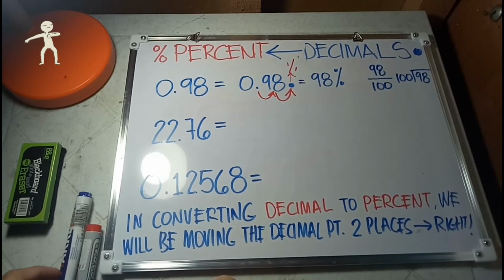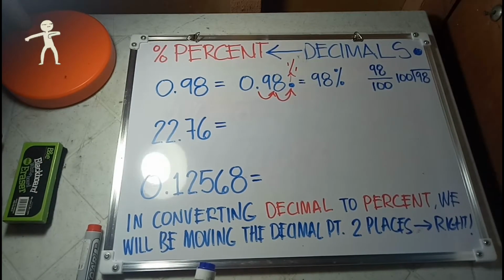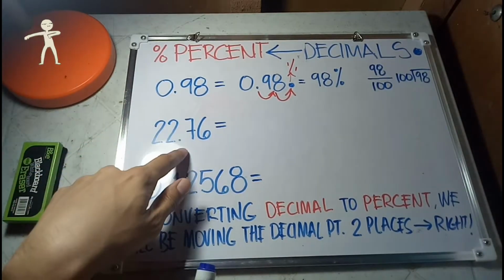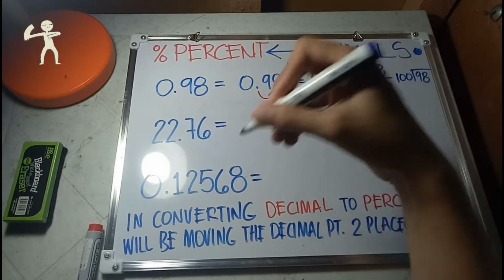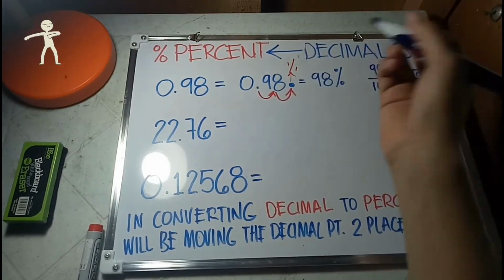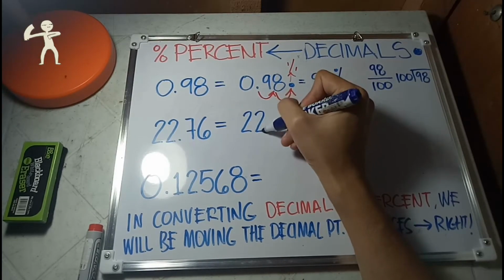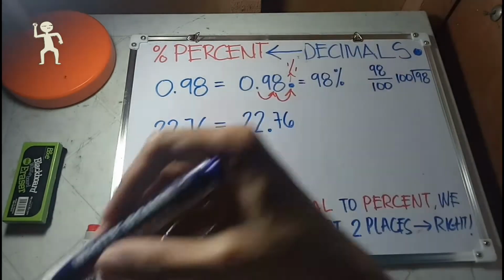Okay? So in the second problem, we have 22.76. So in this case, meron tayong 4 na digit and the decimal point is at the center of it. Same thing rin po yung process. So I will just rewrite the number 0.76. Same thing rin po.